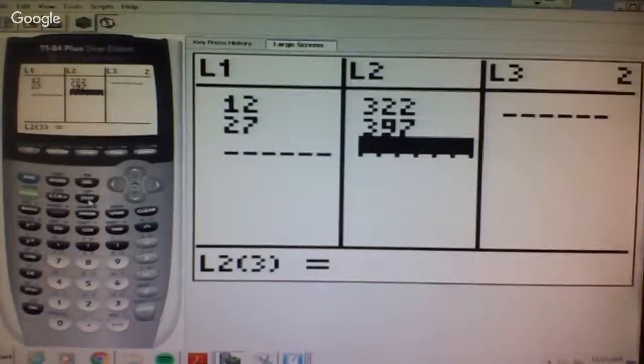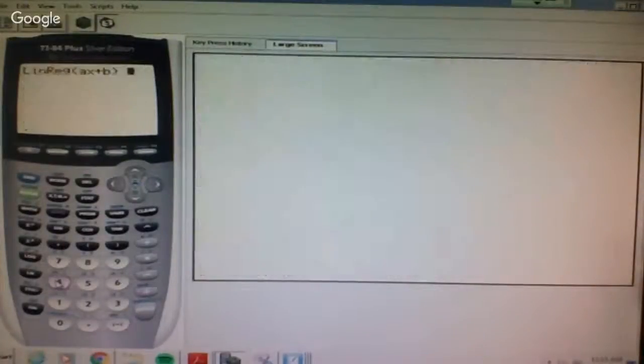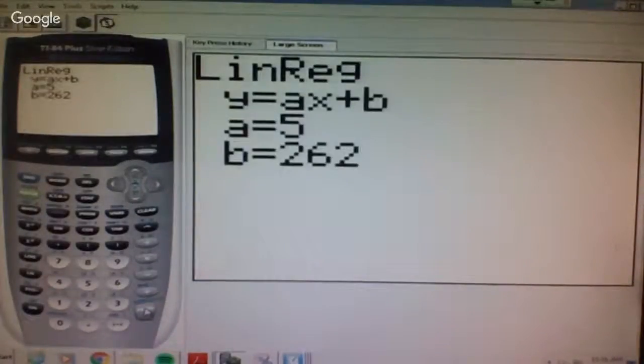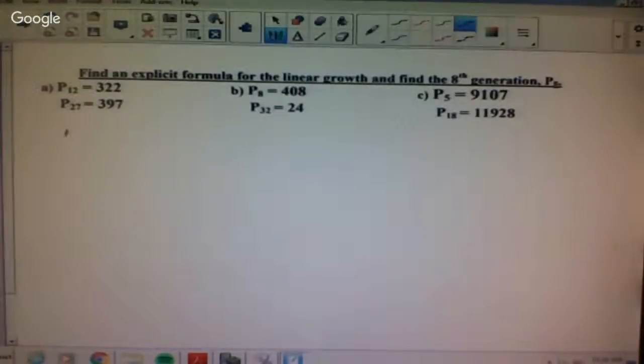So you go back to stat once you enter these in. Go over to calculate a linear regression. So my starting point is 262. And it's growing by 5 every time. So 5x plus 262.